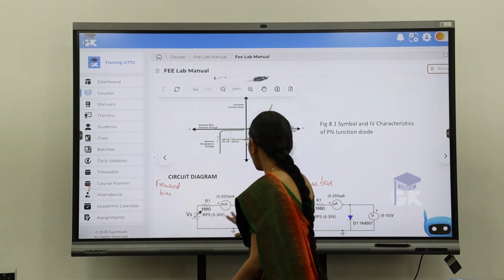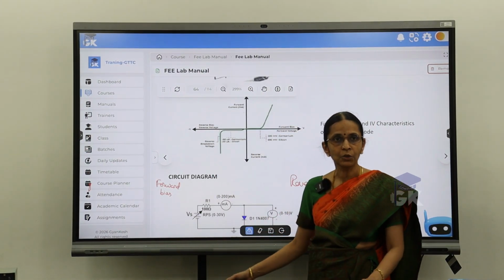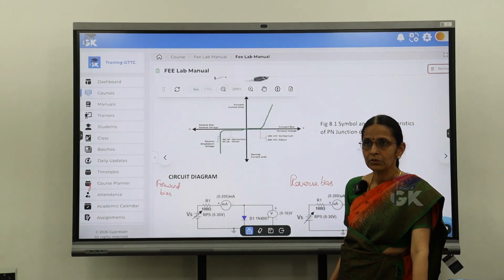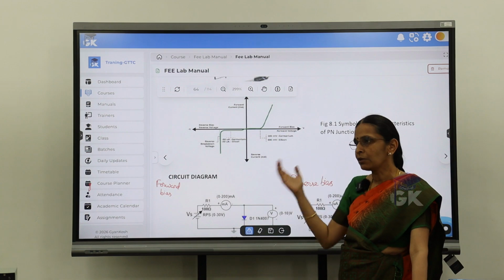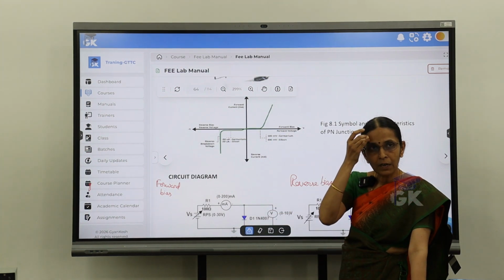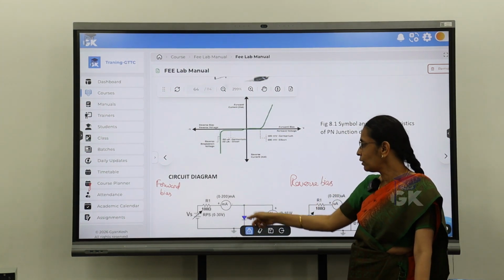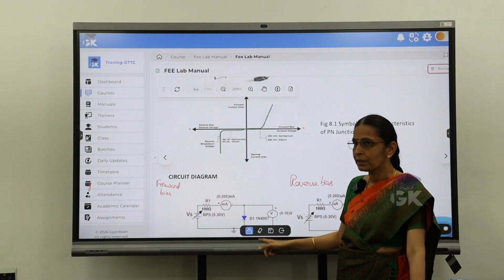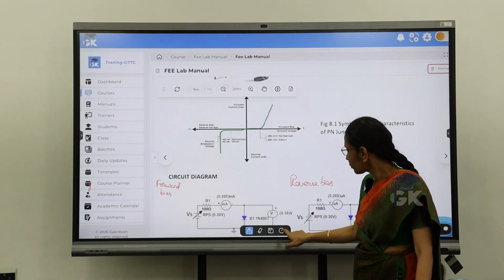Clear? So this is one experiment you will be making your students do, the characteristics of the PN junction diode. Whatever we have studied, the theory you should have done in your class before coming to this lab, and then you should make them do this particular setup and take the readings.